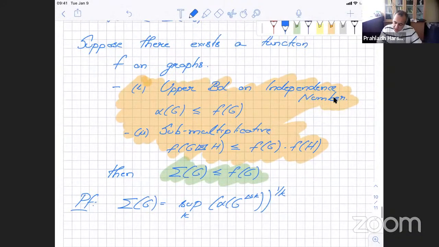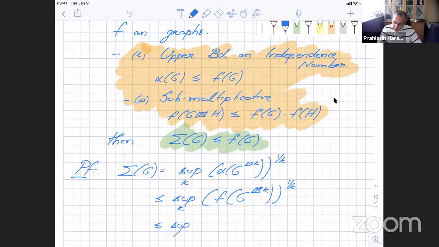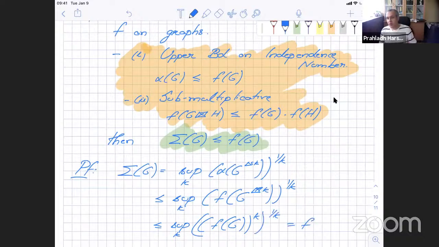By the definition of f, this is at most f of G strong product k, whole to the power 1 over k. But f is sub-multiplicative, therefore this is at most the supremum over k of f of G to the power k, whole to the power 1 over k, which is just f of G. It's independent of k.